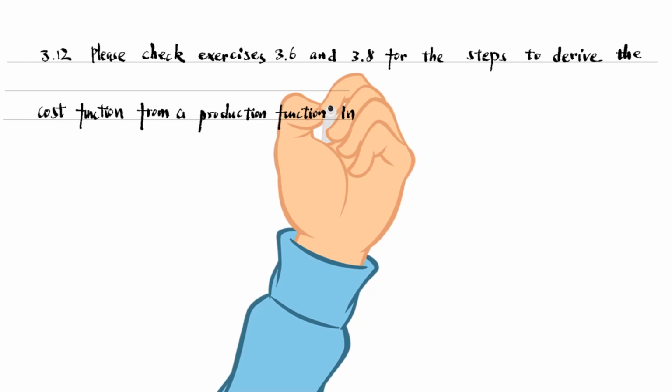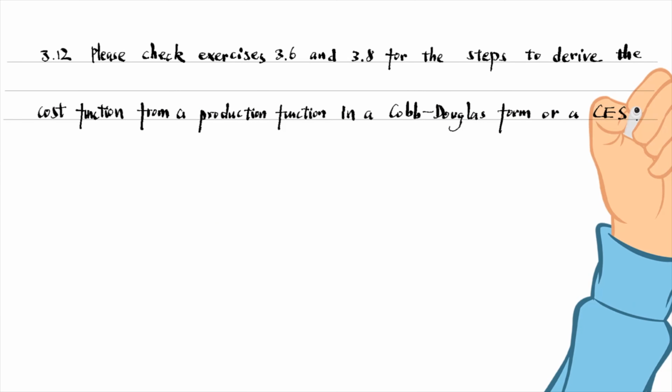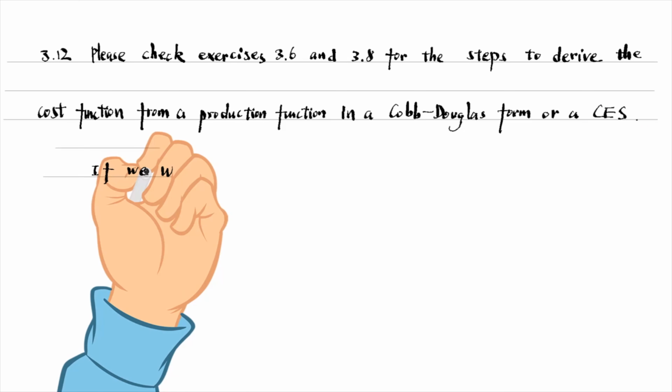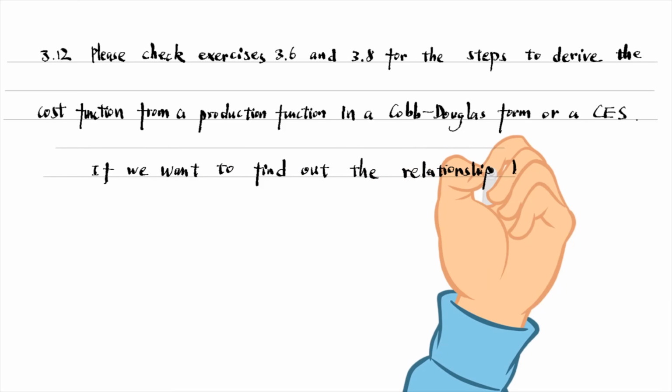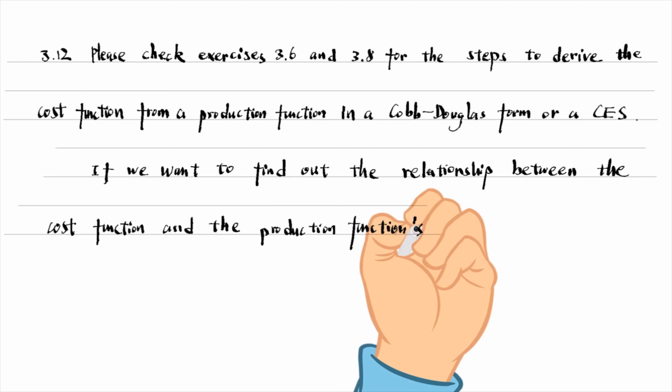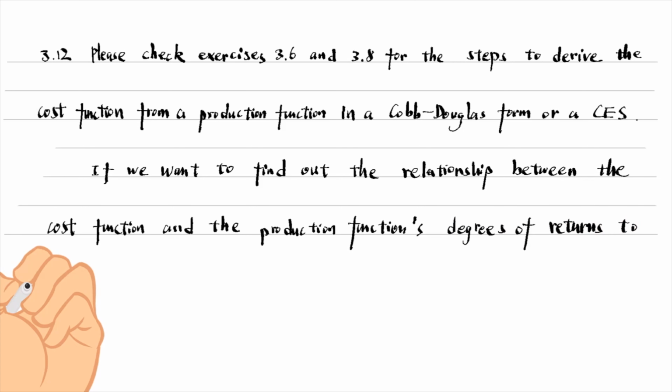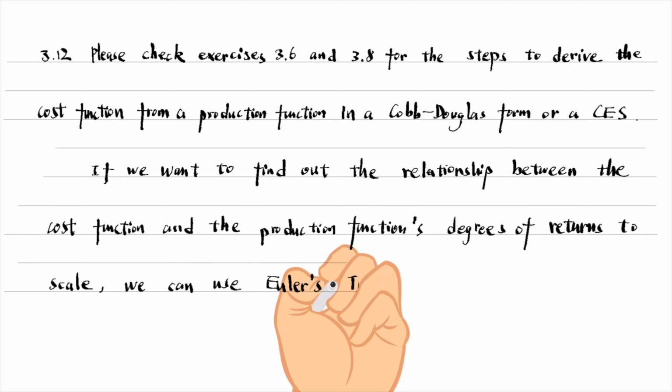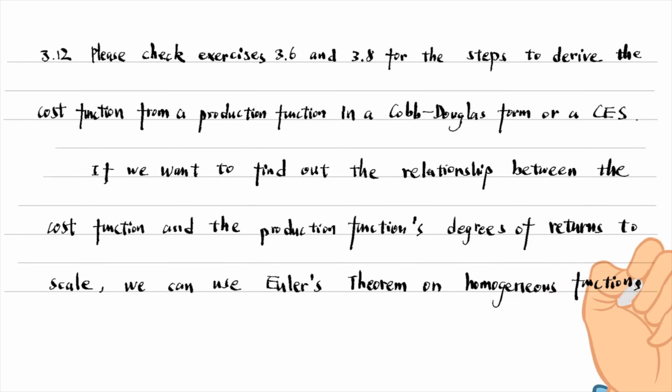Please check out exercises 3.6 and 3.8 for the steps to derive the cost function from a production function in a Cobb-Douglas form or a constant elasticity of substitution form. If we want to find out the relationship between the cost function and the production function's degree of returns to scale, we can use Euler's theorem on homogeneous functions to connect them.